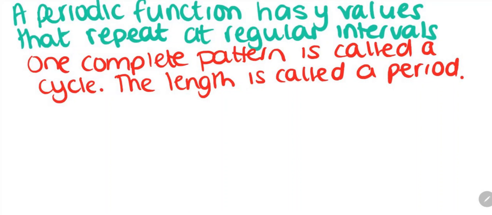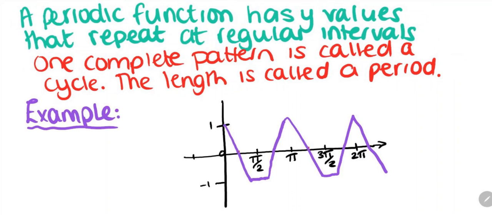So let's look at an example. We have a periodic function here. It has y values that repeat at regular intervals. A complete pattern is called a cycle. The length is called a period. The pattern repeats here.